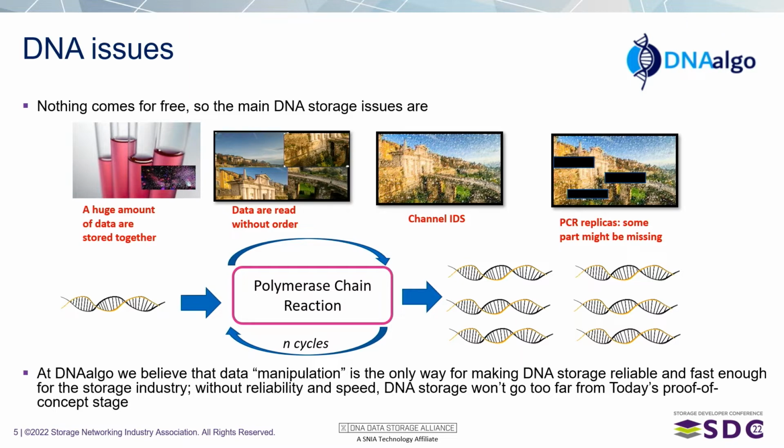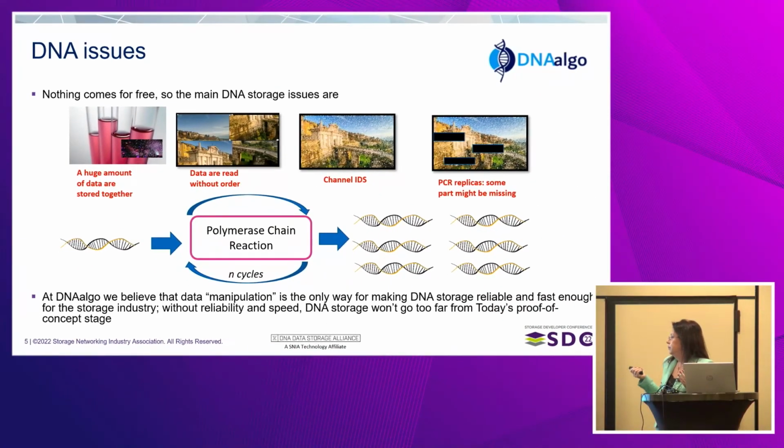We have to deal with information theory, data analysis and algorithms in order to make really fast and reliable access to data stored in the DNA, and make a real product, not just a proof of concept. A lot of industries are moving in that direction. The proof of concept has been shown, but now we need to make a real product.